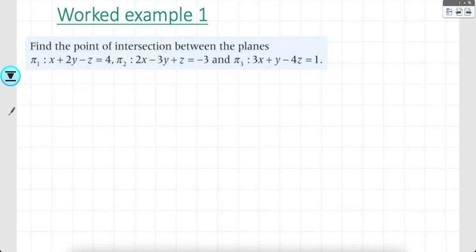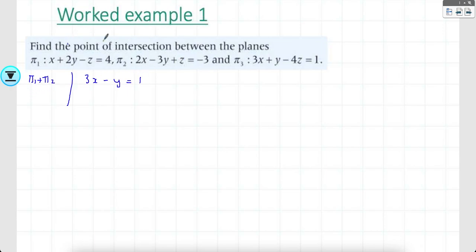You can take two planes at a time, but you need to use a combination of all three planes. So I will add plane 1 and plane 2, just so I can eliminate the z. This will end up giving me 3x minus y equals 1.